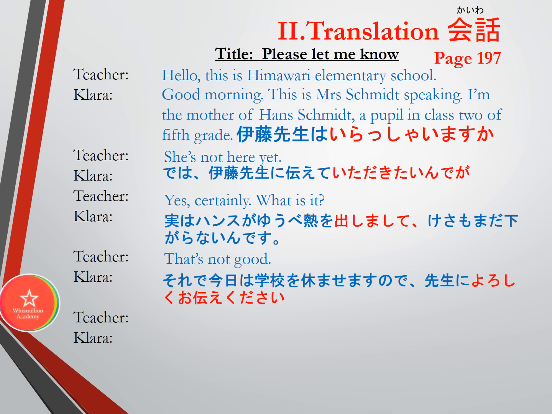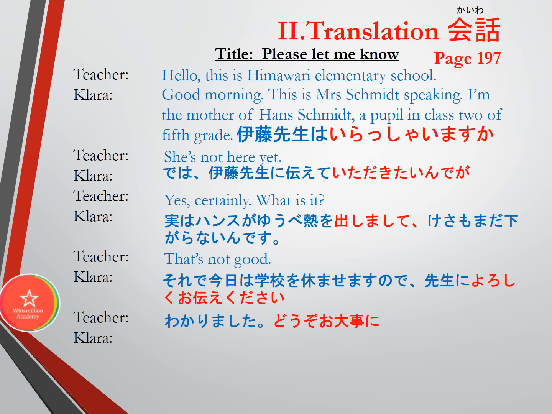The next keigo that Clara-san is using is when she is asking the teacher to tell Ito sensei that Hans will not be going to school today. Sore de kyo wa gakko o yasumimasu node, sensei ni yoroshiku otsutae kudasai. Over here, kudasai is presented in a polite form using o, otsutae kudasai.